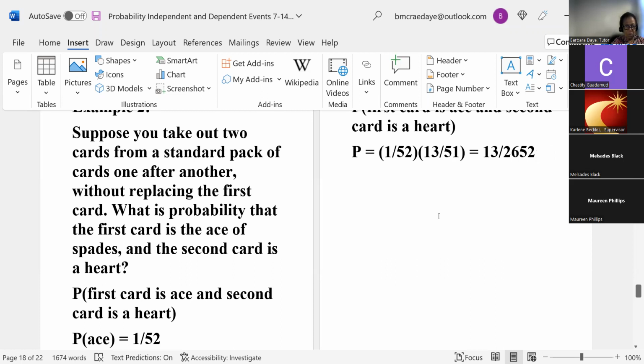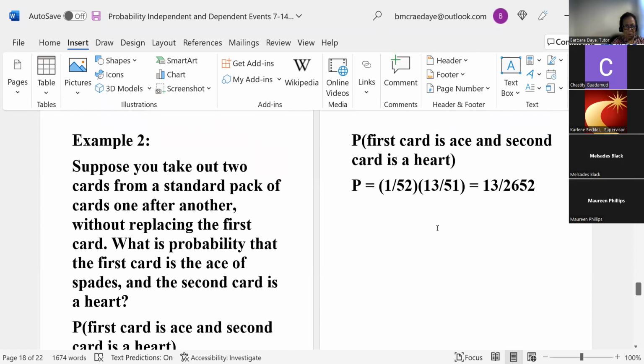Okay, yeah, this is probability. The first card is an ace, the second card is a heart. The probability of the first card being an ace is 1 over 52 because there are 52 cards in the deck. But if I don't replace it, I have 51 left. There are 13 hearts in the deck. That's why I have 13 over 51.